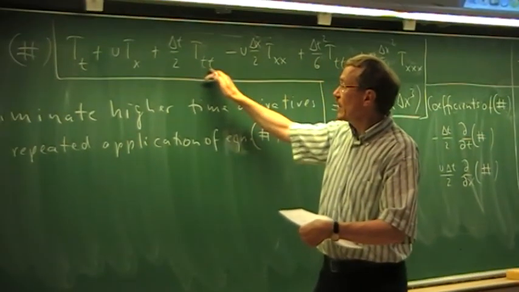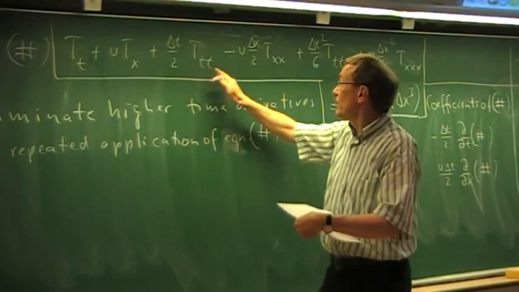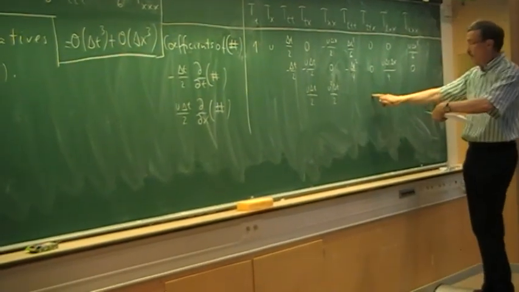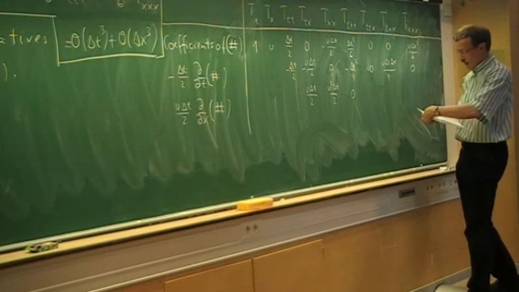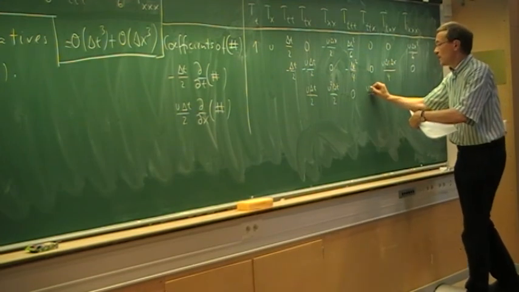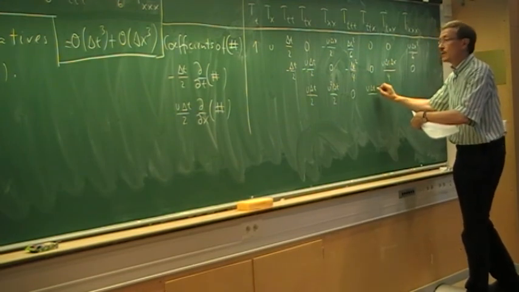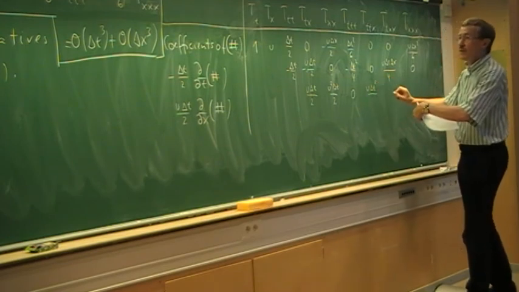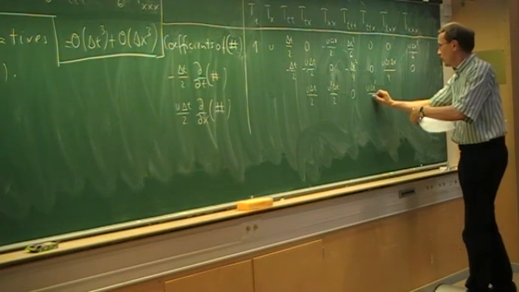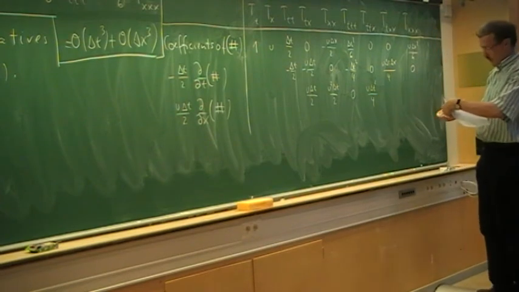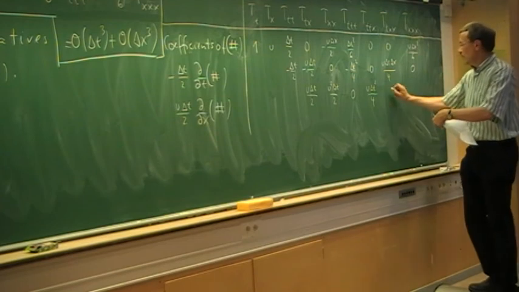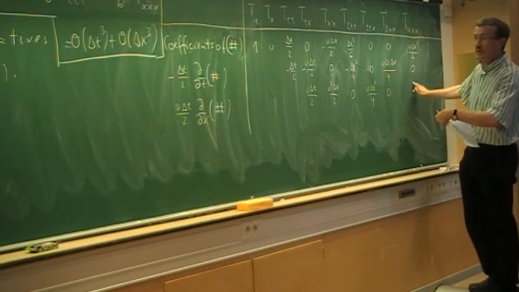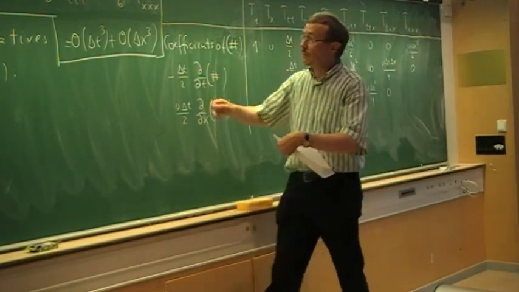Now from that, we get a t t x derivative, and that is appearing here. We don't get anything here, but we get something here, which is u delta t squared divided by 4. And we don't get anything here, but we get a third space derivative from this.